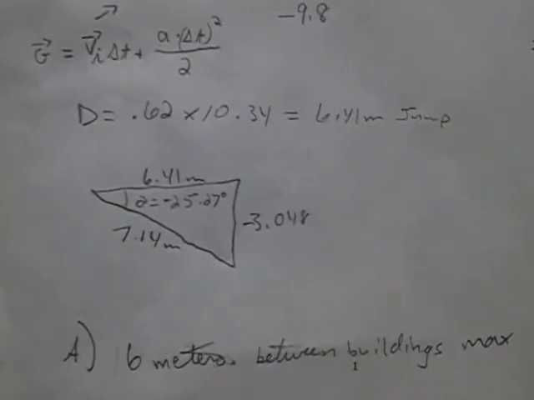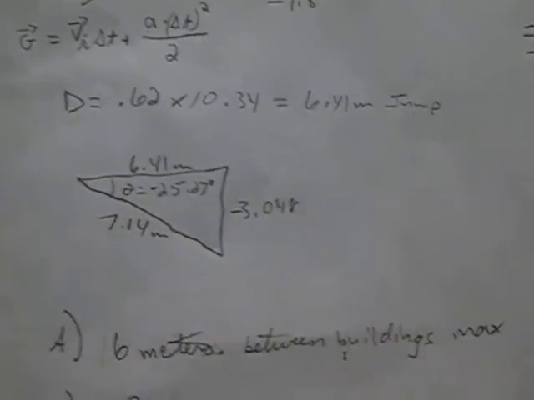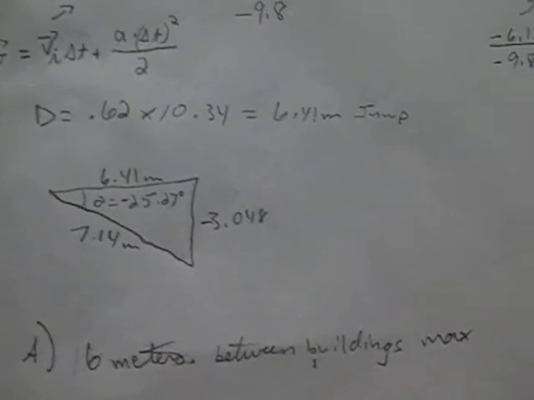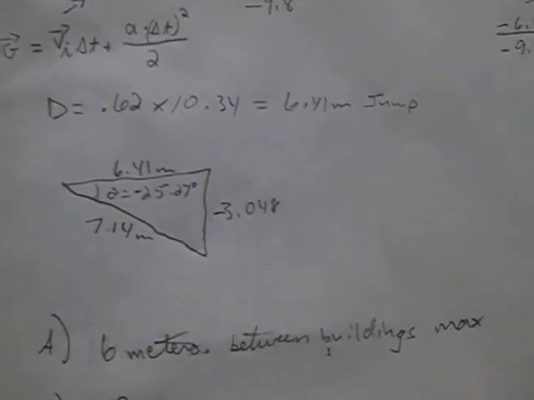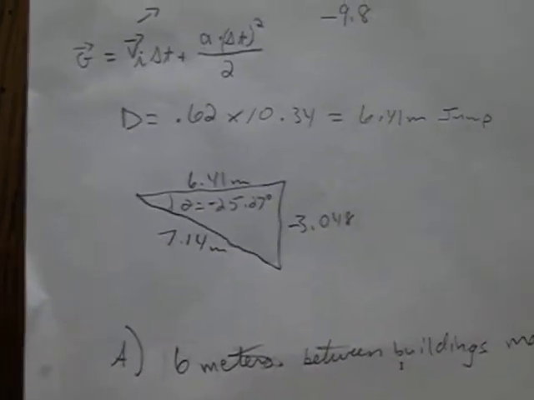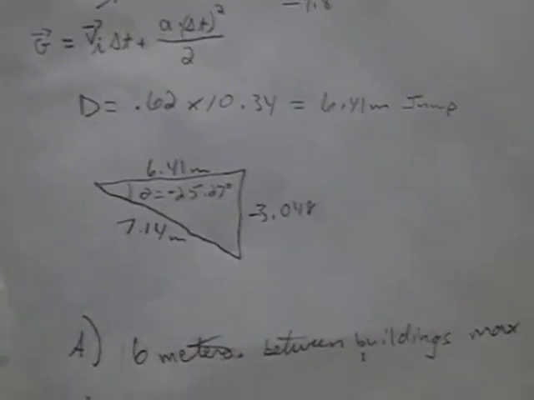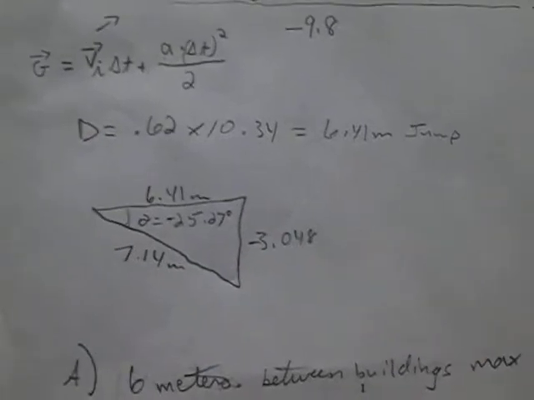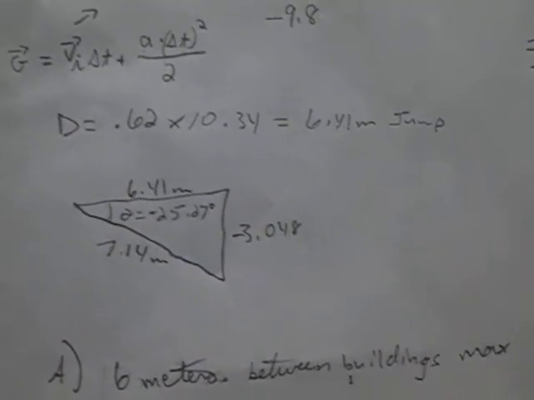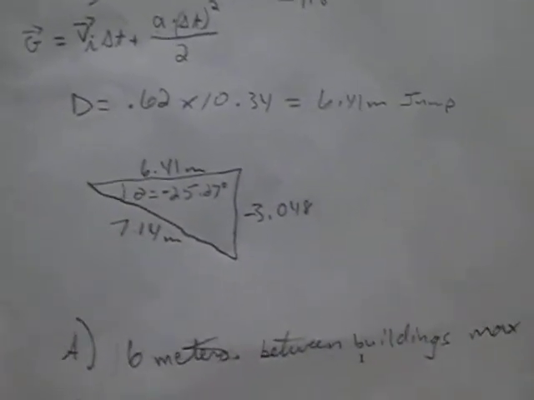There's my horizontal squared, and then my vertical squared, all under a square root, comes up with 7.14 meters. And then I calculated the angle between that, came out to 25.27 degrees in a negative direction.